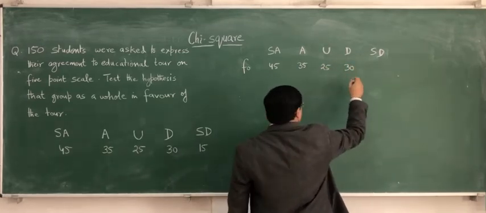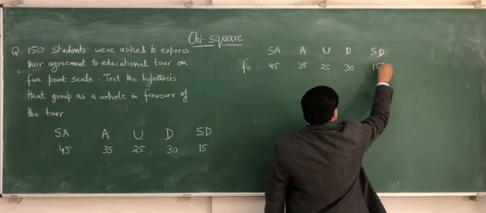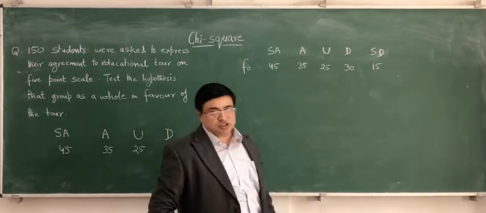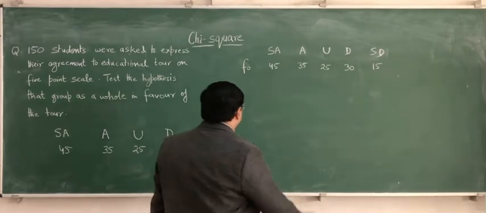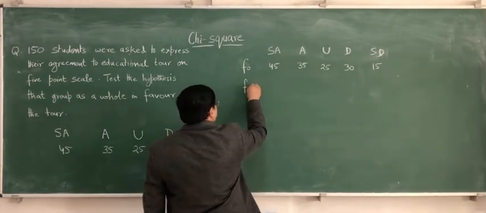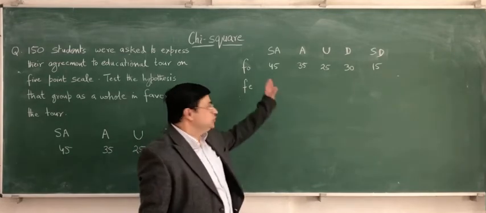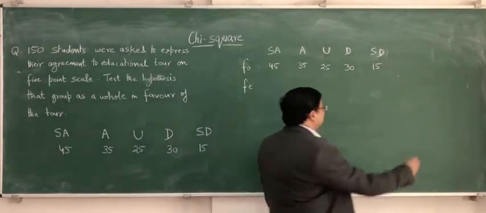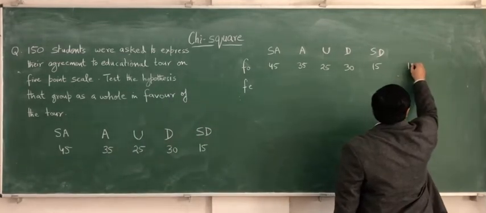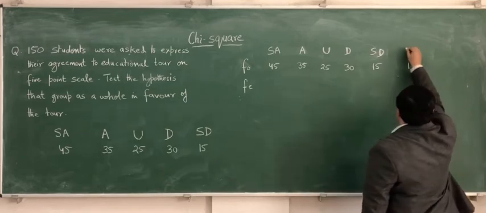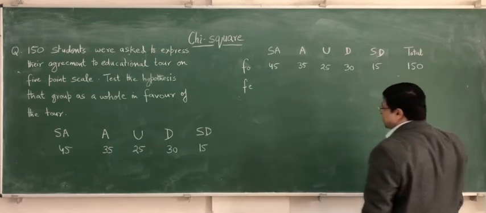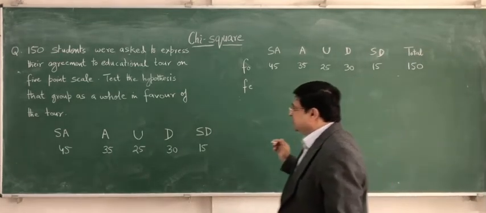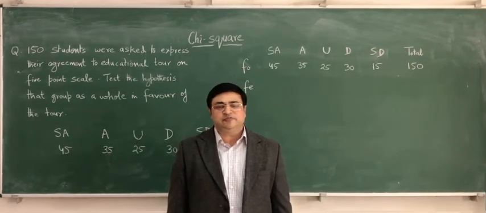So this is the observed frequency. This is the observation that we got from this table. Now, what will be the expected frequency? So first, we'll total this. So total is 150.